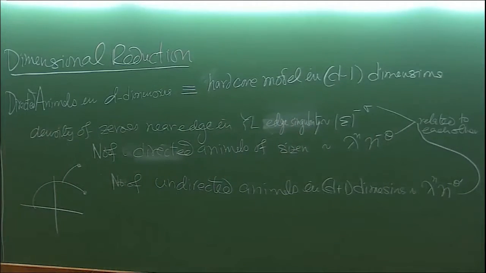So undirected animals are where you don't put in the directed constraint, you just have clusters of n sites and you count all of them.